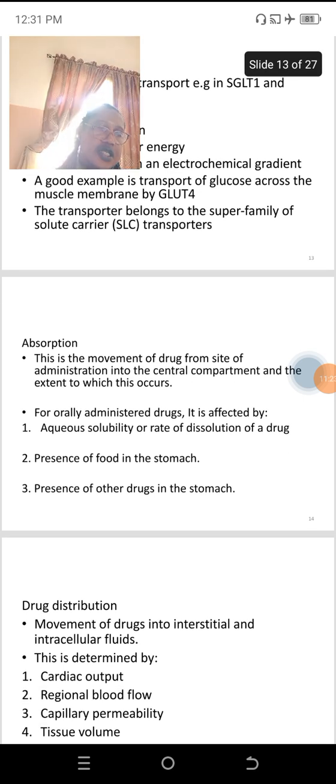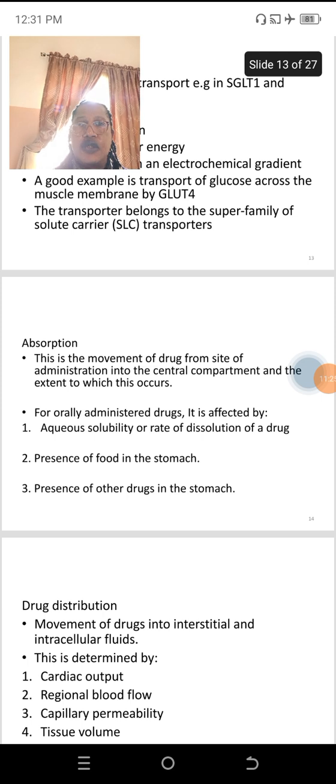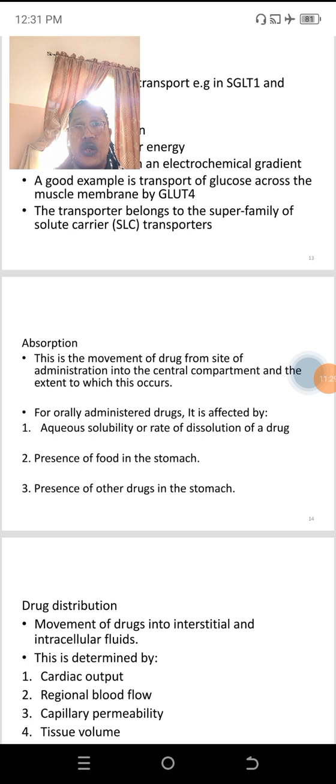Several factors affect the absorption of a drug, and these include the aqueous solubility or rate of dissolution of the drug. This is important for drugs that are administered orally.